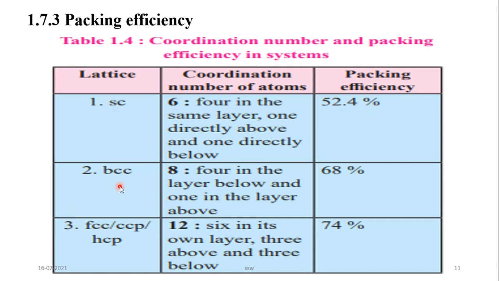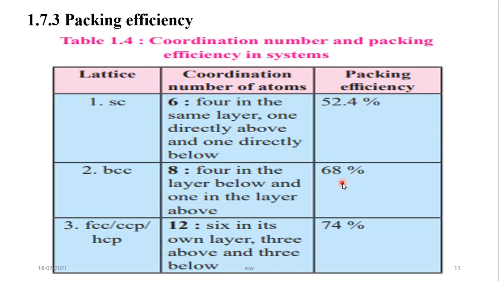the packing efficiency is 52.4%. Like that, in the BCC structure the coordination number is 8, 4 in the layer below and 4 in the layer above, because in the body centered cubic structure one atom is present at the center of the body and therefore it is not in contact with any other unit cell. So here 8 is the coordination number, and the packing efficiency is 68%, which we calculated last time.